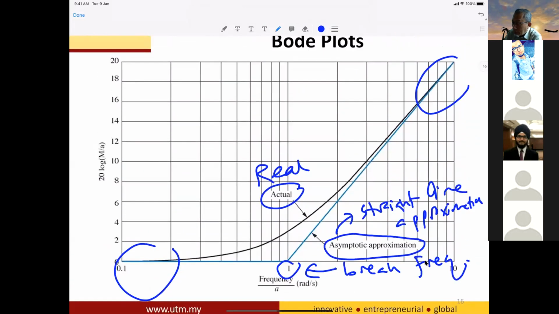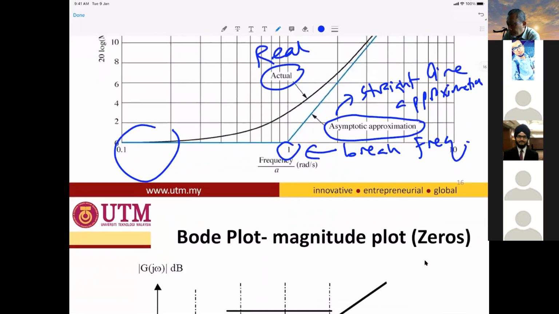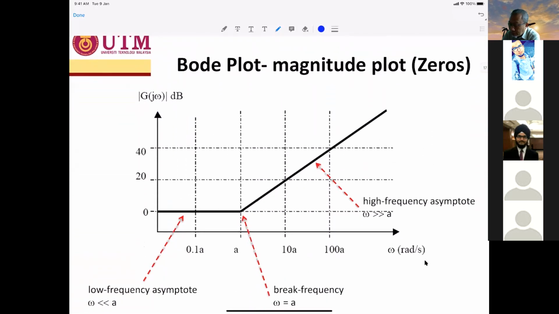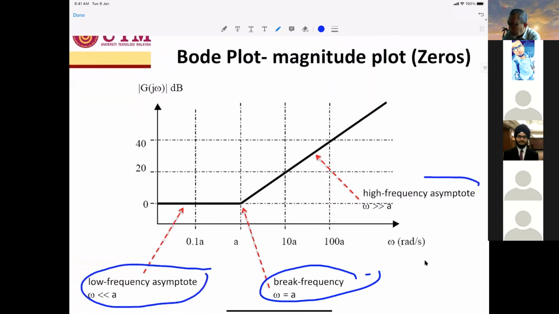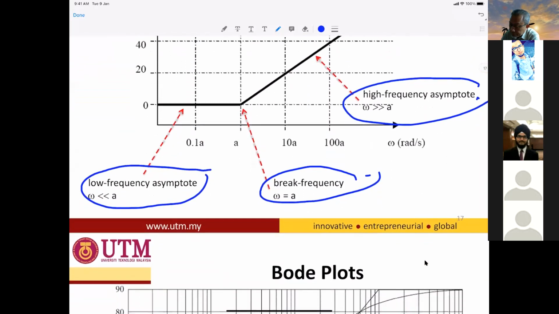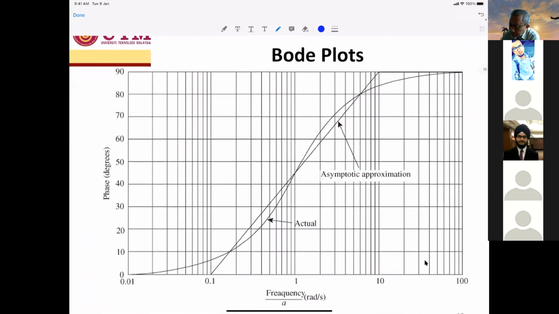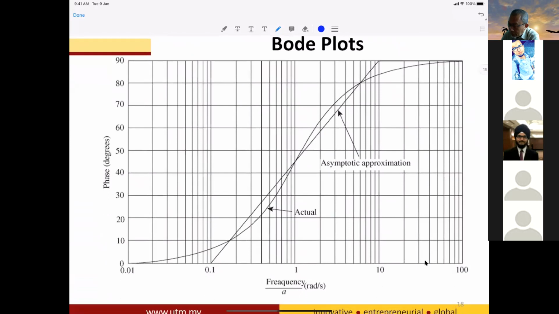And what is the slope of this line? The slope of this line is positive 20 decibels per decade. Okay, this is the break frequency, with the low frequency and the high frequency. Simple. And the phase is shown here.